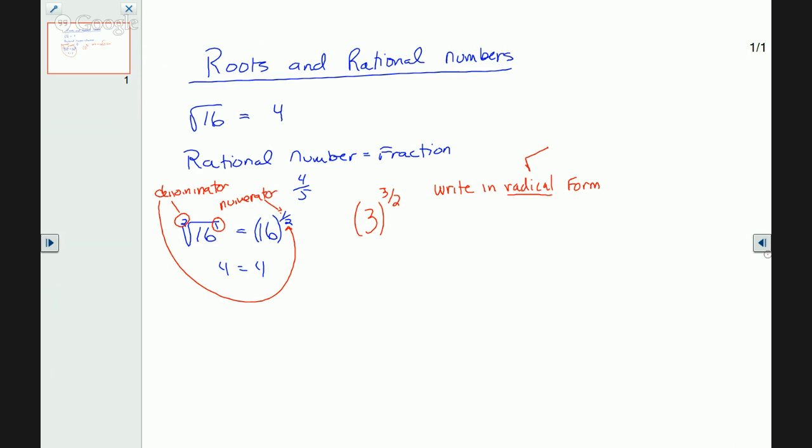You're basically translating between the two forms. What is that going to look like? You don't have to write the 2, but you can. So if you want to make it more obvious for you, great. Do it. The numerator goes inside, the denominator goes outside.